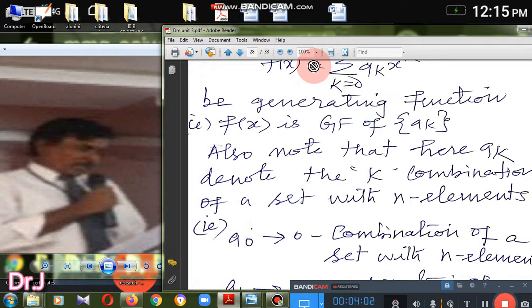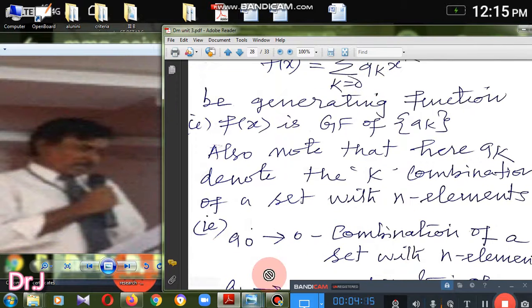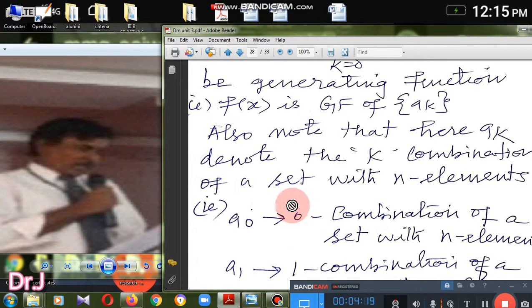A0 is the first element, and the first element is the 0 combination of a set with n elements. Suppose there are n elements and we are making a generating function like this. Then A0 is the number of 0 combinations, so no combination at all, out of n elements.